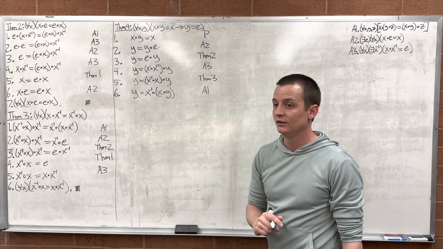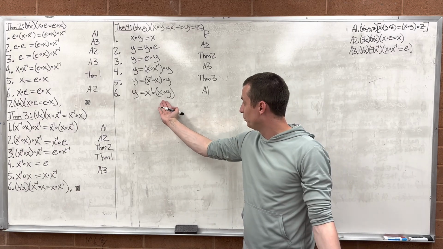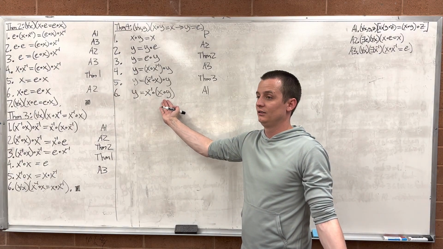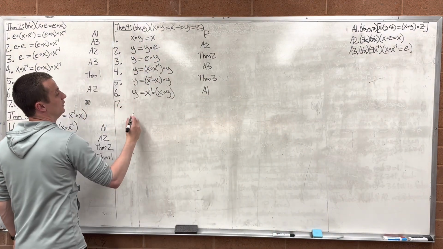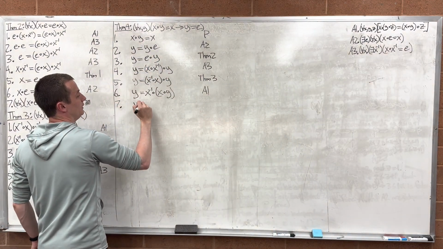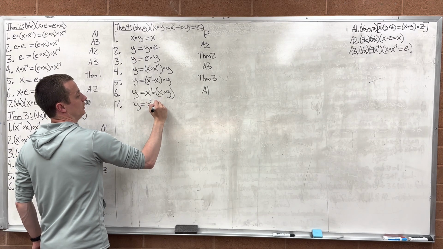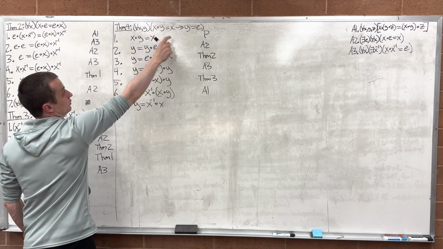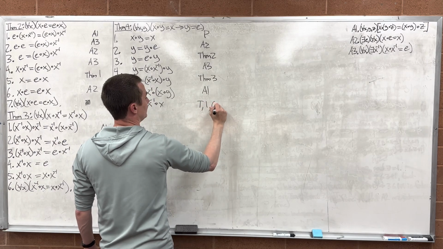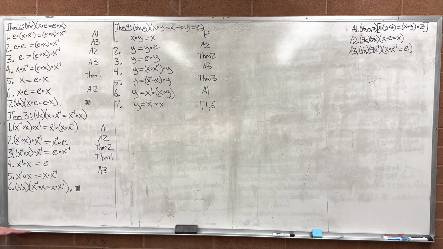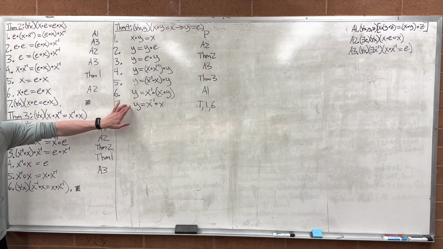And now, what is x compose y? It's x. So 7, now I know that y is equal to x inverse compose x. And now we have used this premise. So this is tautologically implied by 1 and 6. And so now I am dependent upon 1 at this line in the proof.